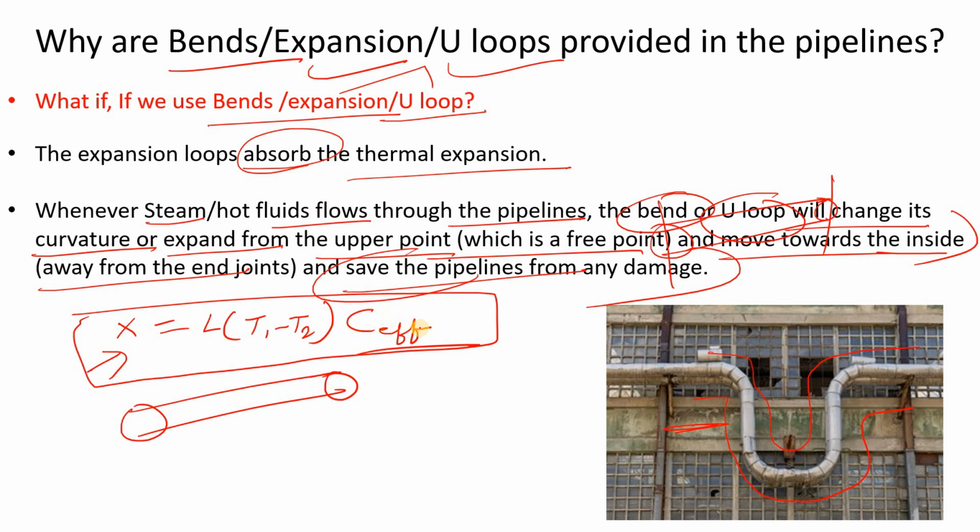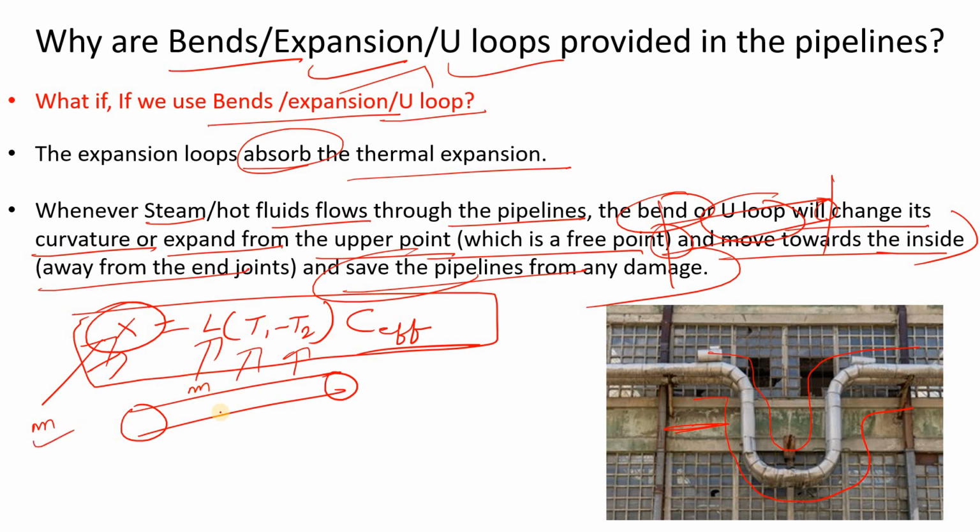This is your coefficient of thermal expansion, this is your starting temperature, this is your end temperature, this is the length of the pipe, and this is the expansion and contraction. If the length of the pipe is in meters, then this x will also be in meters.